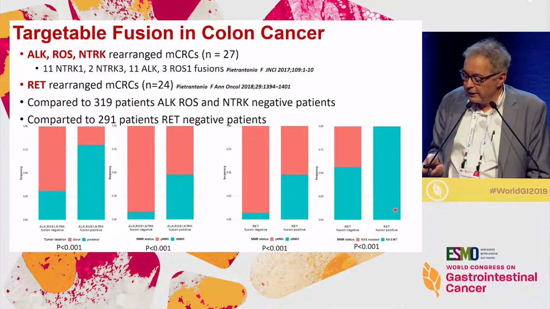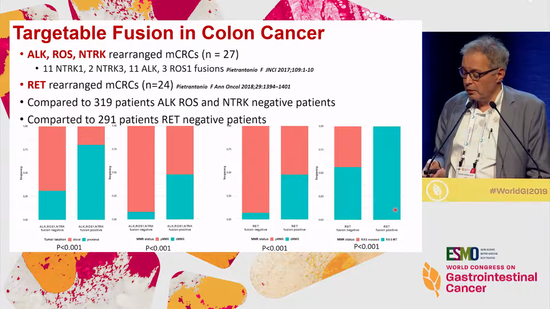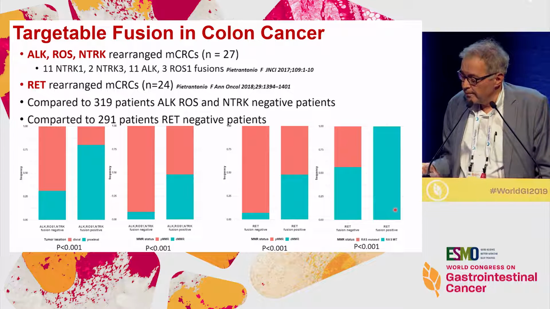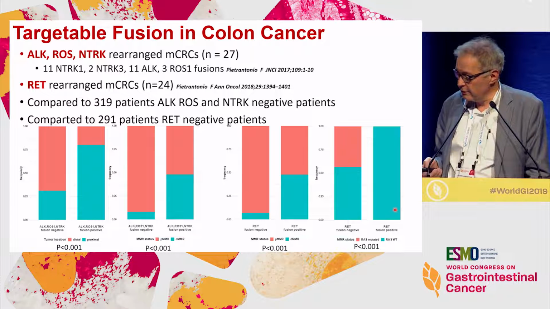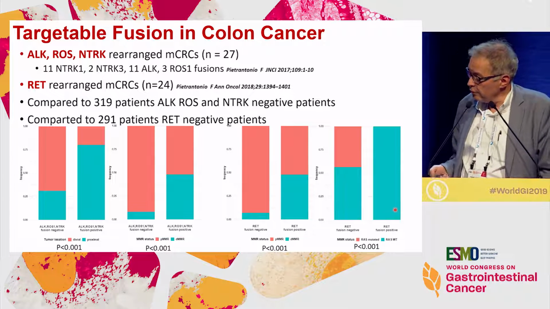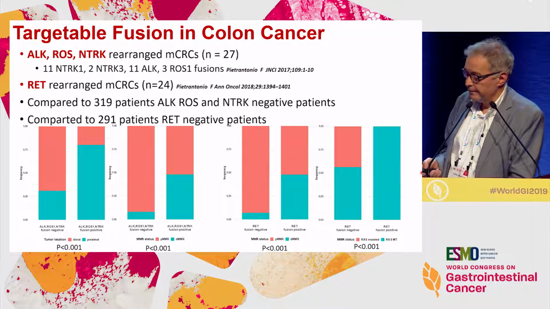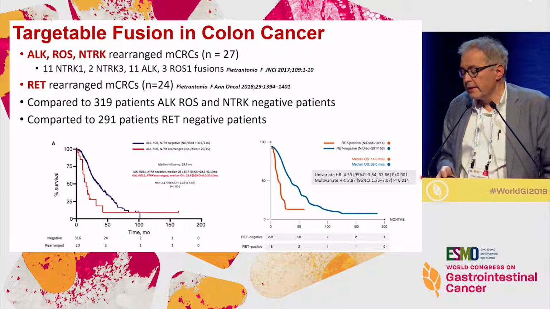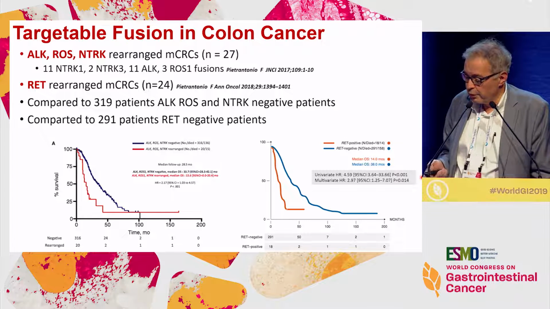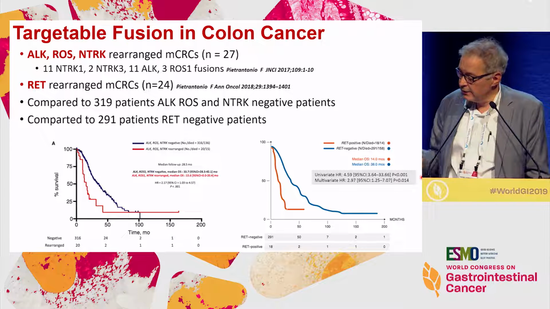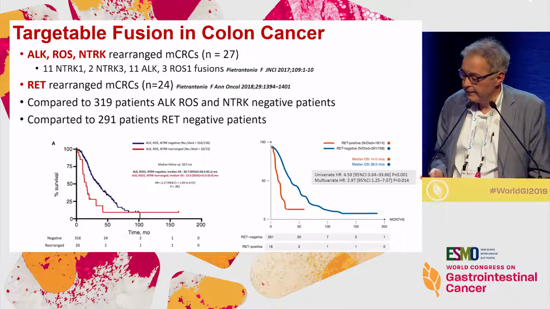These are more frequent in patients that have proximal colon cancer, and half of these tumors also show the MSI phenotype, and for RET, you have an enrichment for KRAS wild-type. These fusions confer worse prognosis, as you can see in this slide, in two series for ALK, ROS, NTRK, and also for RET.